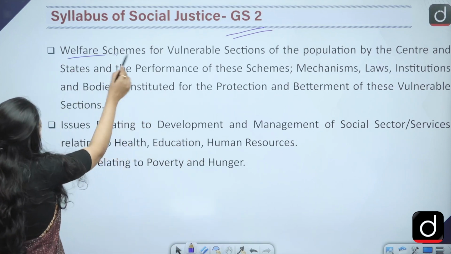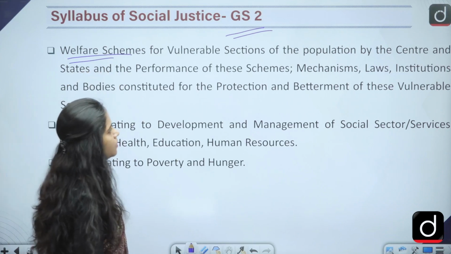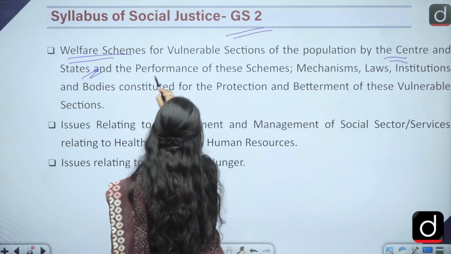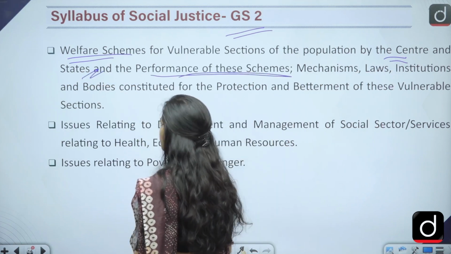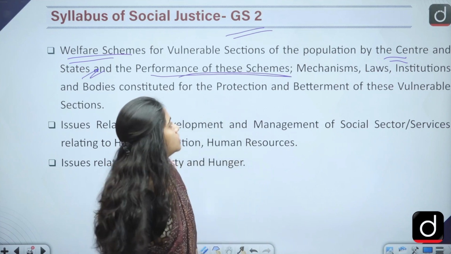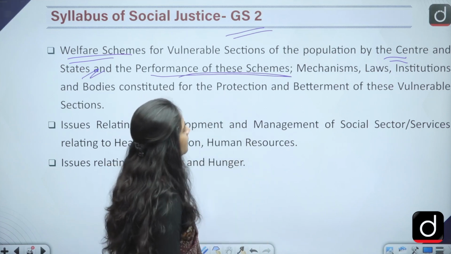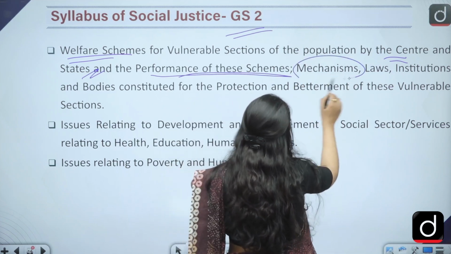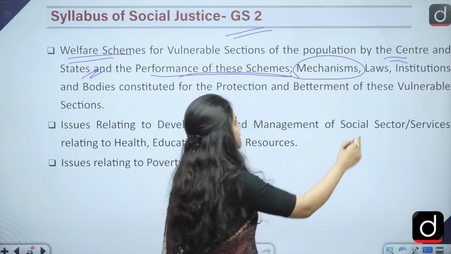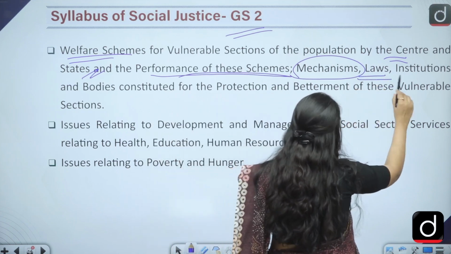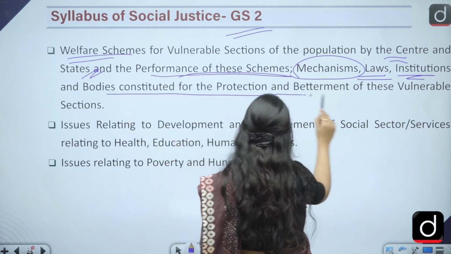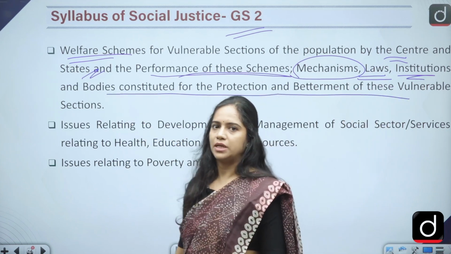So welfare schemes for vulnerable sections of population by the center and the states, and performance of these schemes. How have they performed? That is, have they catered to the demands of welfare sections, vulnerable sections? Then the mechanisms through which we are helping the vulnerable section or marginalized society in India, the laws, the institutions and bodies constituted for protection and betterment of these vulnerable sections.